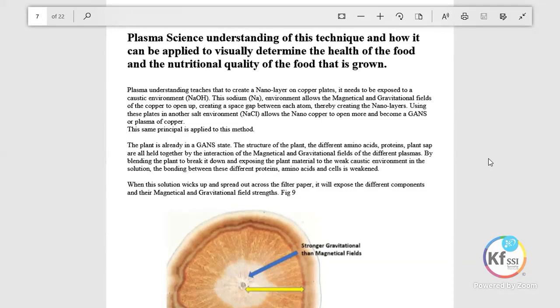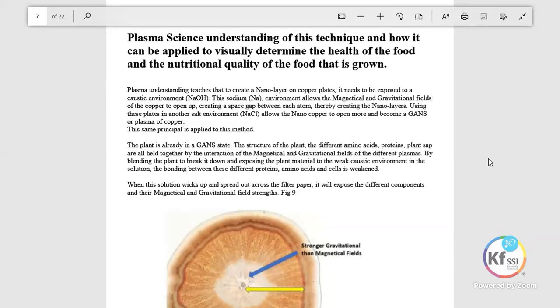And so the first thing when I saw the method they'd used, a little bit of caustic solution, immediately brings me back to how we use the caustic solution to create our nano layers, essentially opening up the layers on our copper.